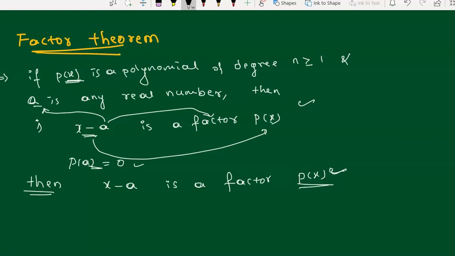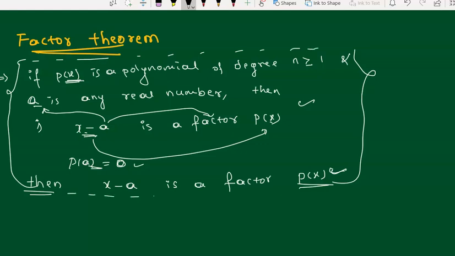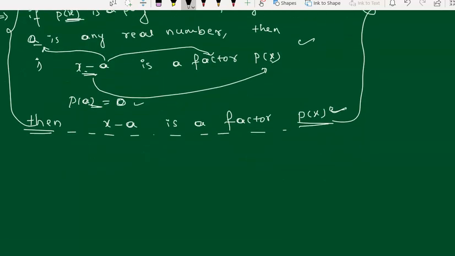When you divide this polynomial with this polynomial, if the remainder is 0, then you can say this polynomial is a factor of that polynomial. This is what remainder theorem says. I hope you understood. In the last problem only I explained this. Okay, both are same actually. Okay, let's take one example so that you can understand. For better understanding, let's take one example here.